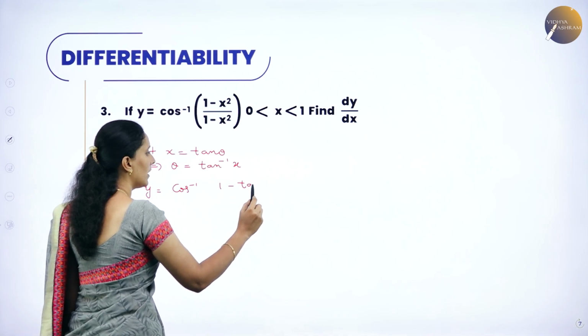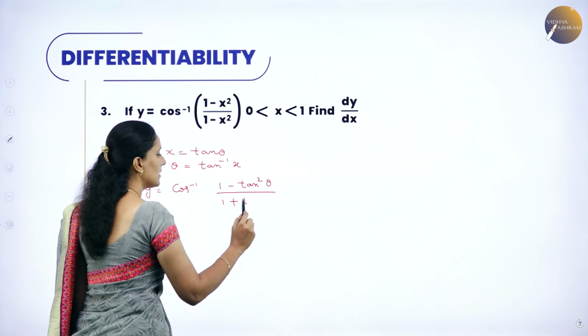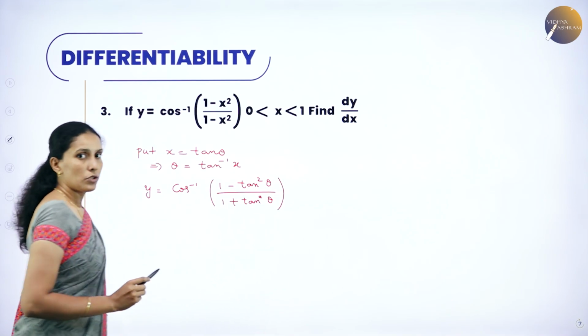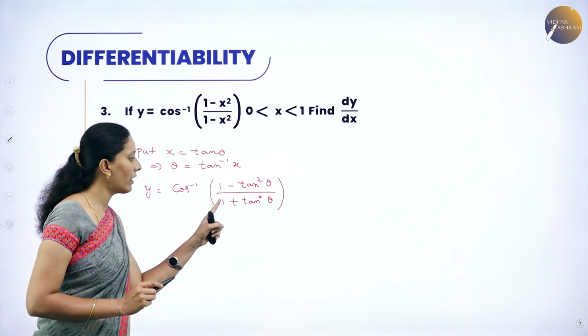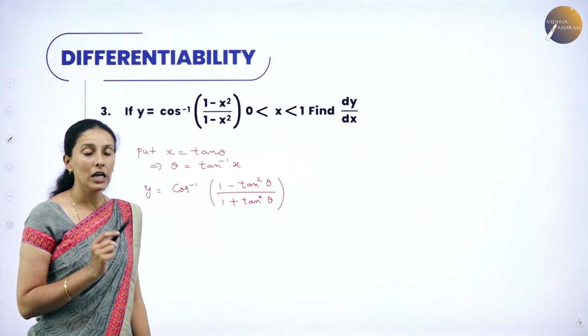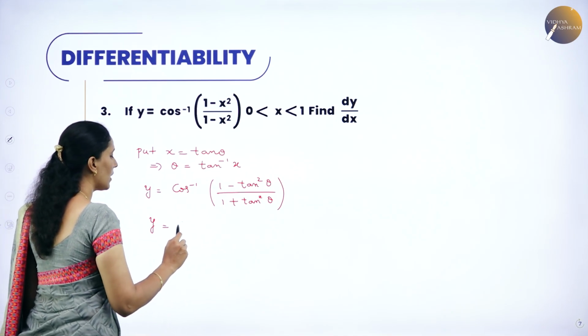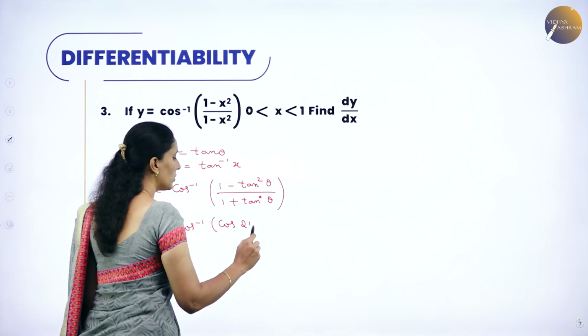So this becomes (1 minus tan square theta) divided by (1 plus tan square theta). From the multiple angle formula, this is cos 2 theta. So y is equal to cos inverse of cos 2 theta.